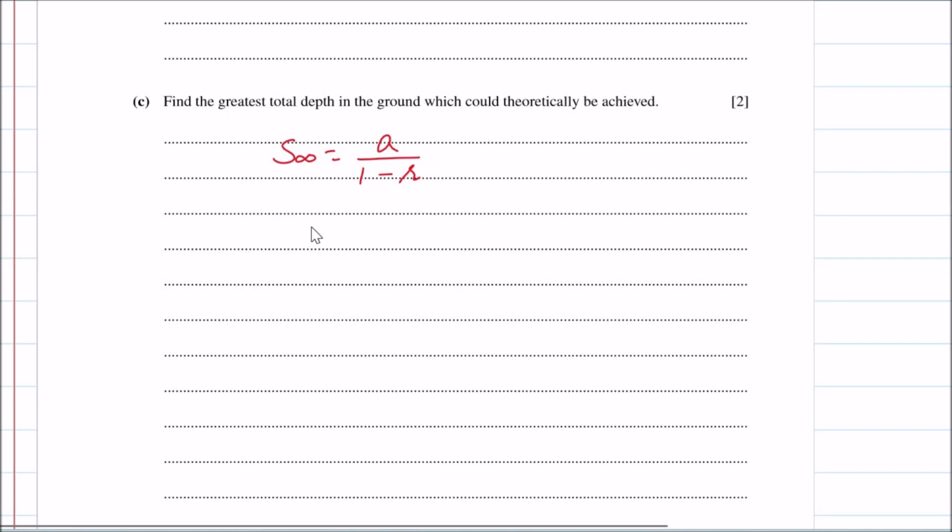So a is 50, 1 minus r, so 1 minus 0.8, and that will be 250 mm.